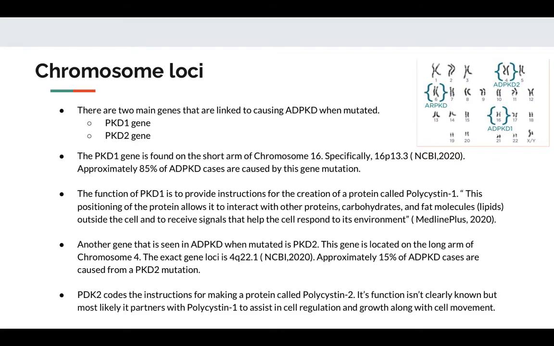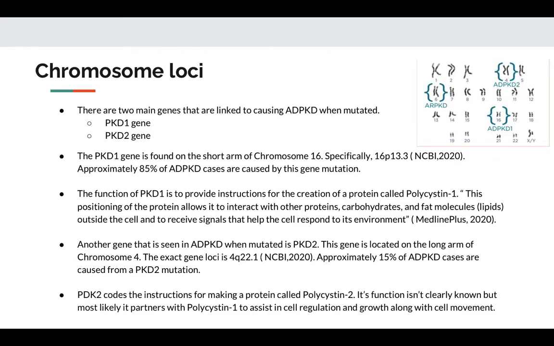So there are two main genes linked to causing autosomal dominant polycystic kidney disease when mutated. The first one is PKD1, which is found on the short arm of chromosome 16. You can see the picture to the right kind of shows this.